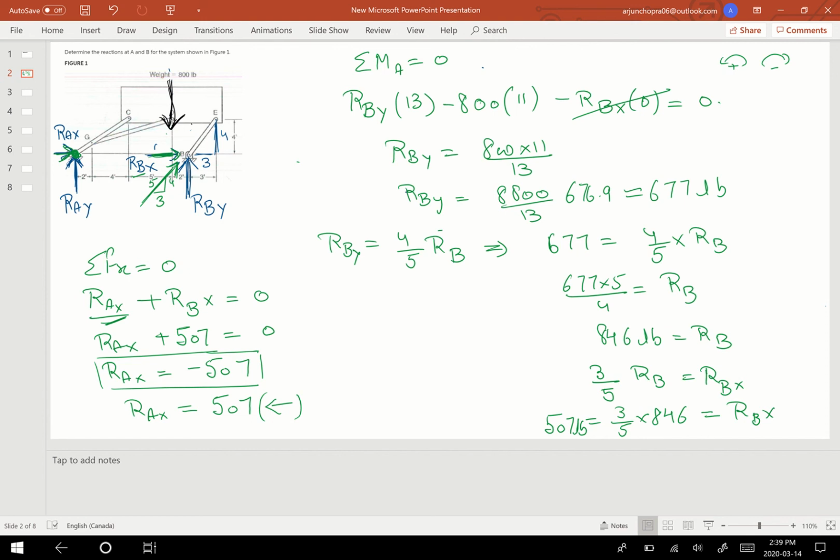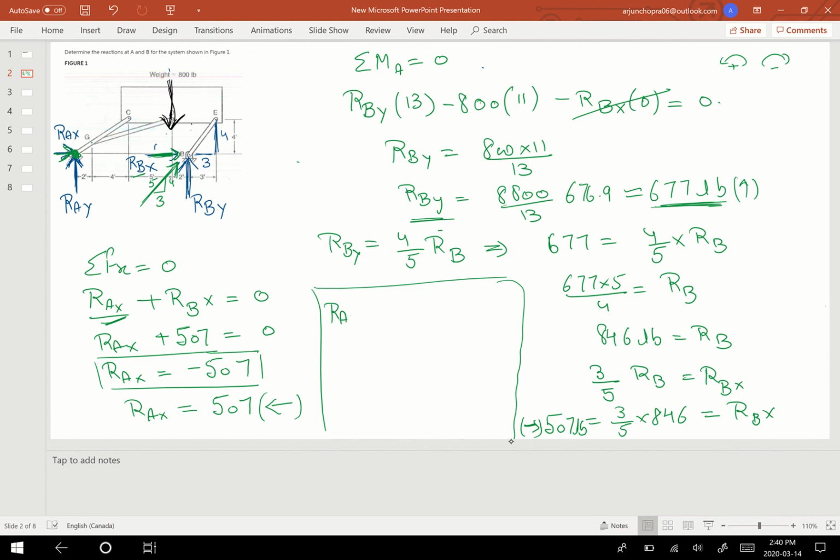All right, and then I'm going to check the RBY direction also, because this value came out to be positive. So whatever direction we assumed is correct. So this is upwards, and this RBX also came out to be positive, so that this value is also correct, which will be towards the right hand side. And now I wanted to find RAY.